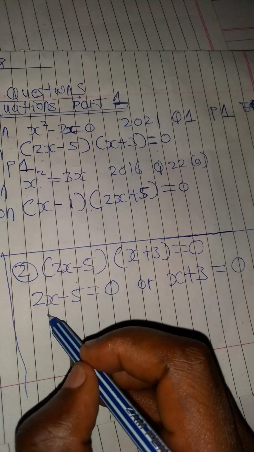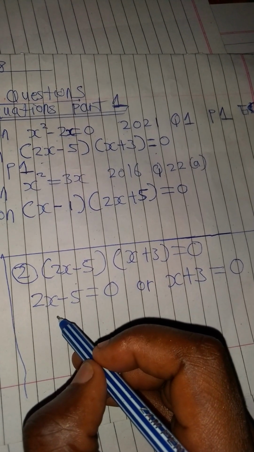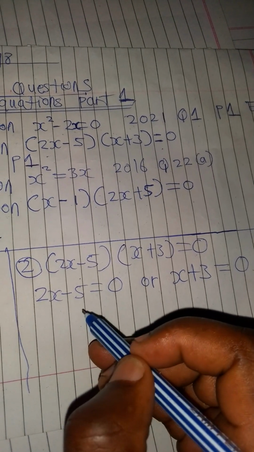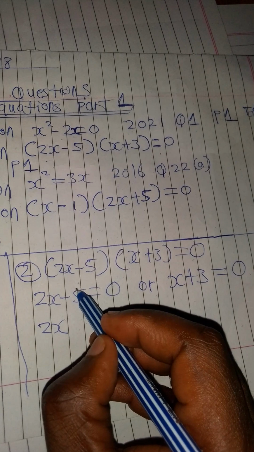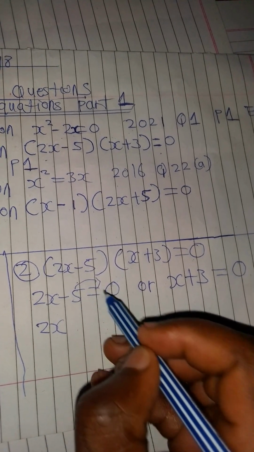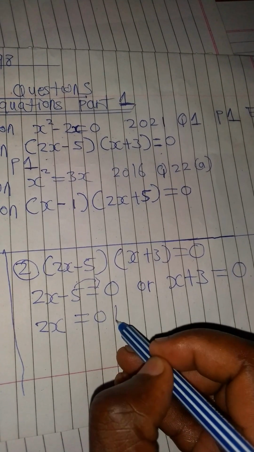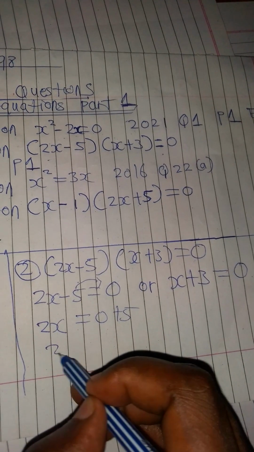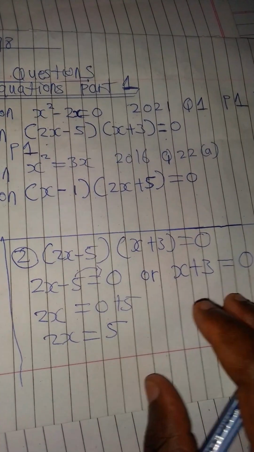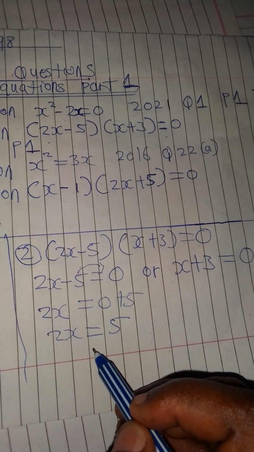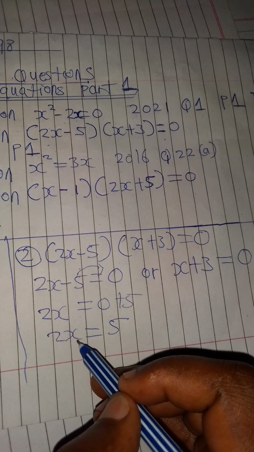Now, they are unlike terms. We cannot add or subtract them. So we say 2x, this negative 5 goes to the other side. It becomes 0 plus 5. Then 2x equals 0 plus 5 is 5. Are we done? No, because we want to find the value of x.